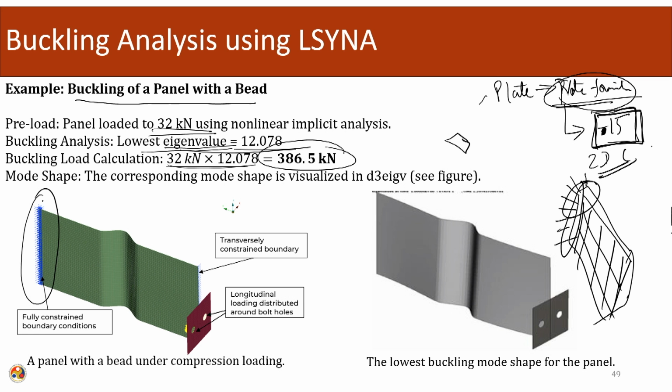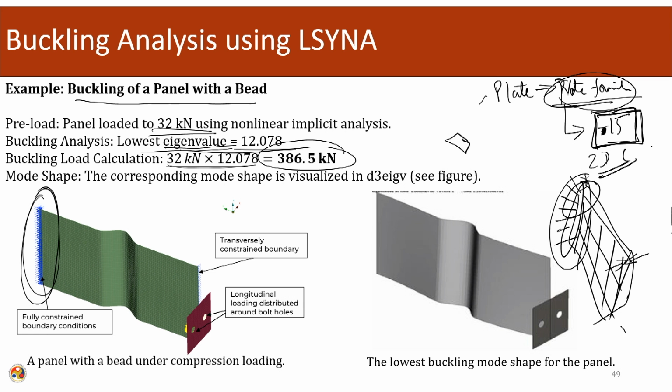Here, if you look, this is the fully constrained boundary condition. It means that it is not able to translate and it is not able to rotate. In the other zone out here there is a transversely constrained boundary condition.